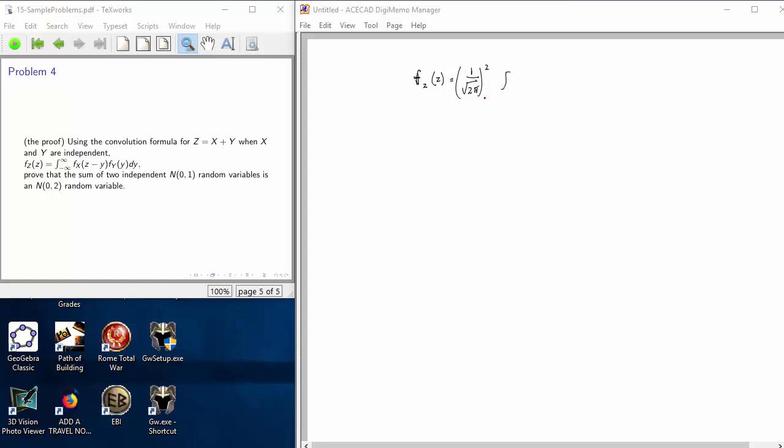And then the convolution formula says we integrate from minus infinity to infinity the density function for x, evaluated for z minus y, times the density function for y, and we integrate over y. Good enough. Let's multiply that out.